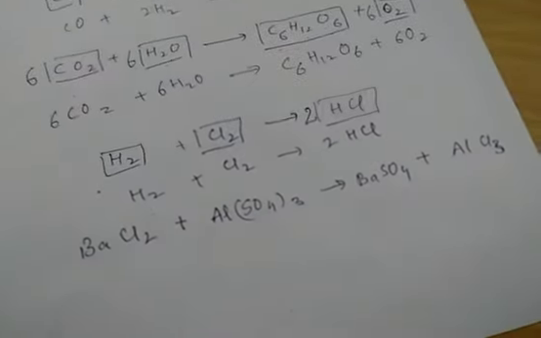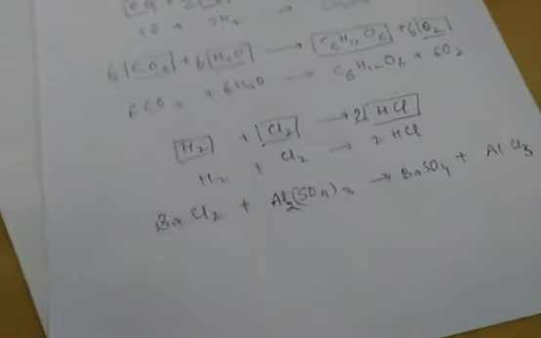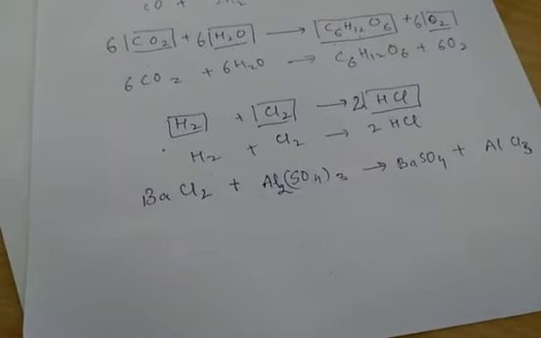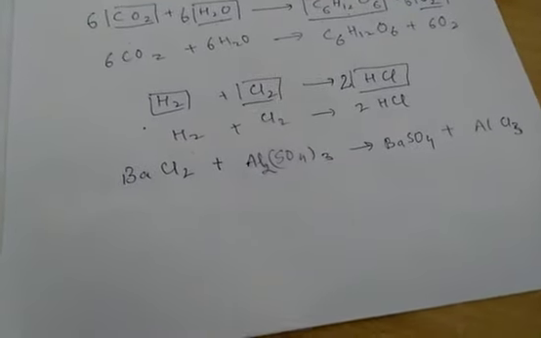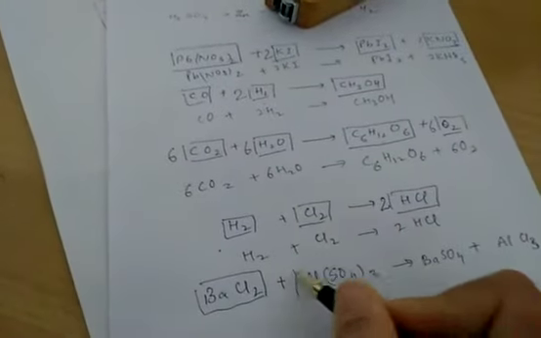Balance the equation. First we start with aluminium sulfate because it has the maximum number of atoms. First encircle all the species.